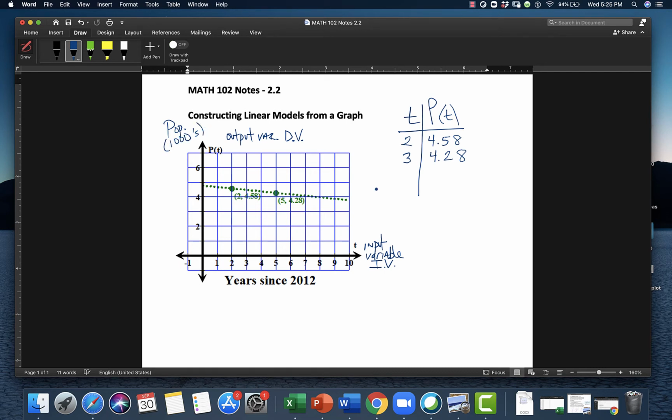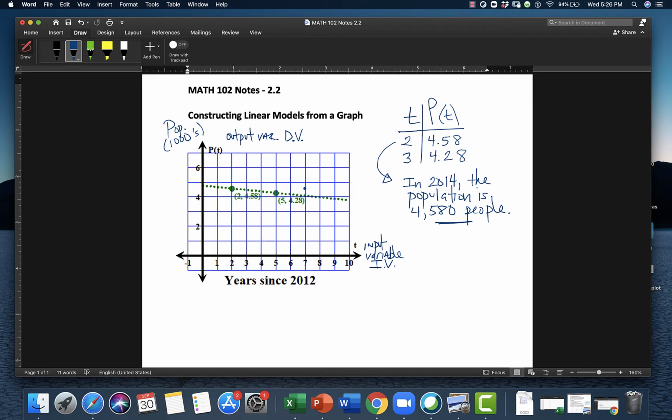So we really can interpret this first ordered pair to say as follows: in 2014, the population is 4.58 thousand, which would be 4,580 people. So you want to take the time to interpret the ordered pairs before doing any kind of analysis on them.